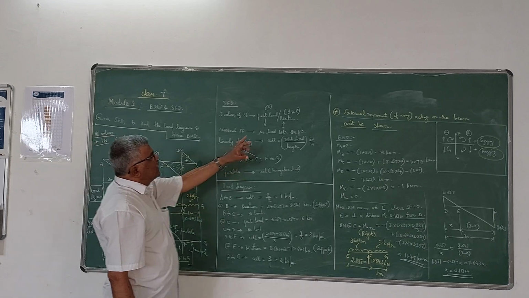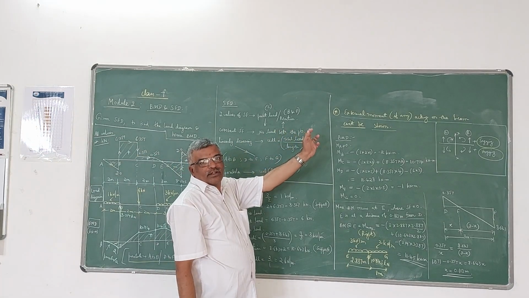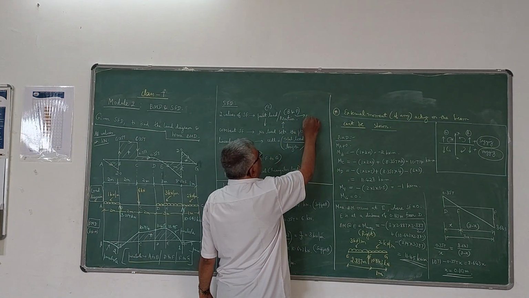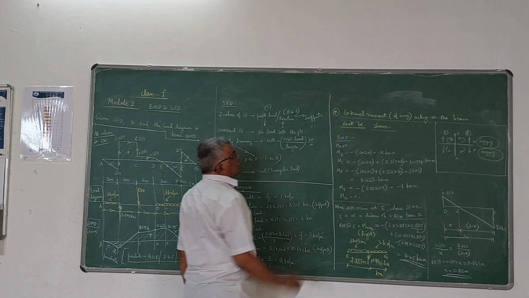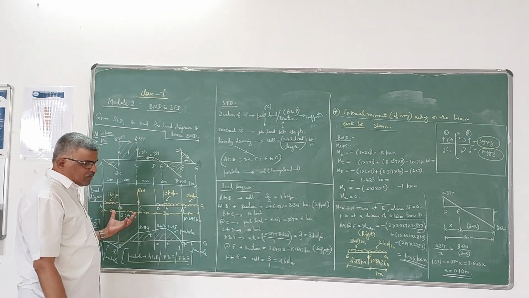That means it is in the upward direction, so reactions are possible there. So at B and F you can definitely have supports.